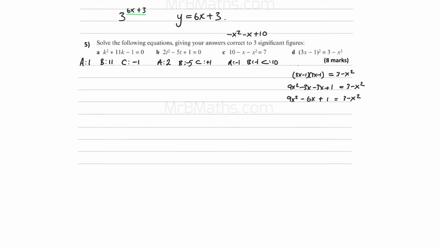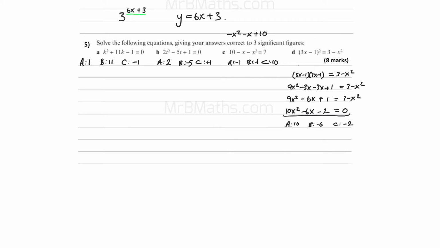So we're going to be adding an x², and we'll end up with 10x² minus 6x, and then we need to take away that 3. So 1 take away 3 will give us -2 equals 0. And at this stage we can now say A, B, and C are 10, -6, and -2.